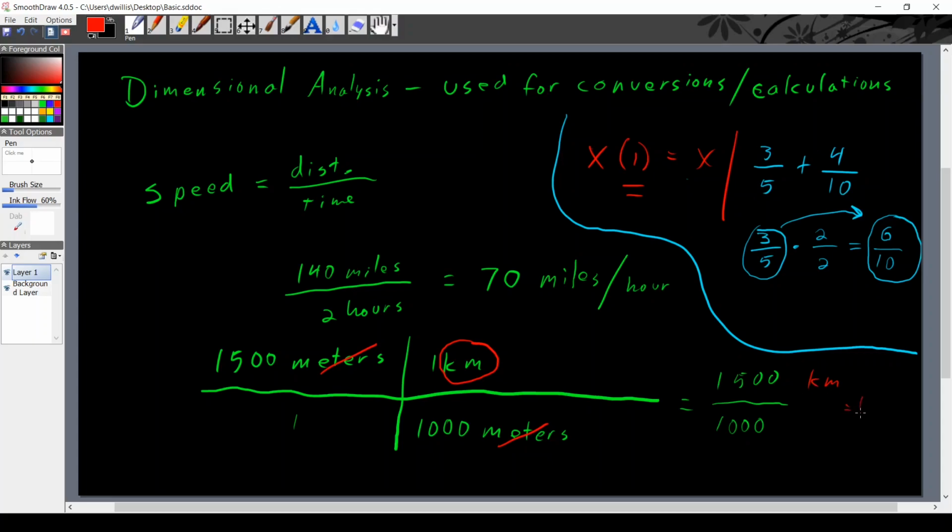So that will then equal 1.5 kilometers. Okay? Realize I wrote that kind of small and off to the side, but just trust me, it says 1.5 kilometers. And that's what you get when you do the division and cancel out the units that are in the numerator and the denominator. All right?